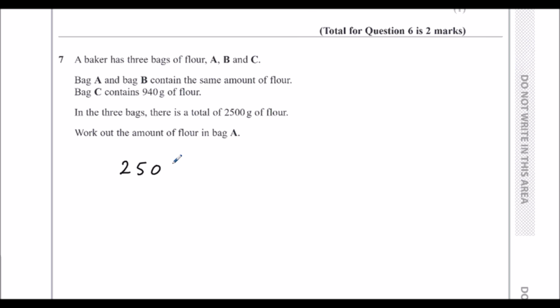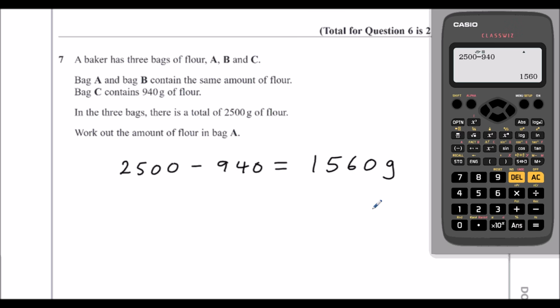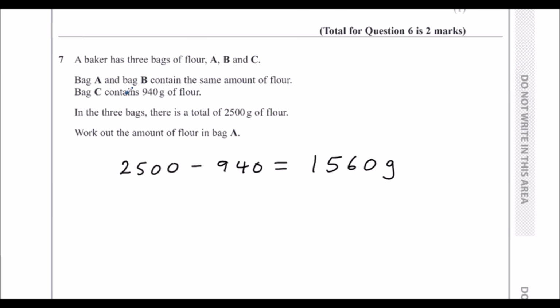So let's write down our calculation. So 2,500 take away 940 is 1,560 grams. So that's taking away bag C. So now we know we've taken away bag C, so that's only bag A and B left.